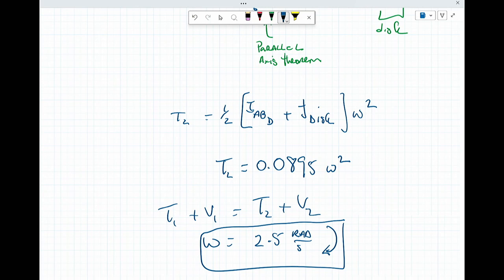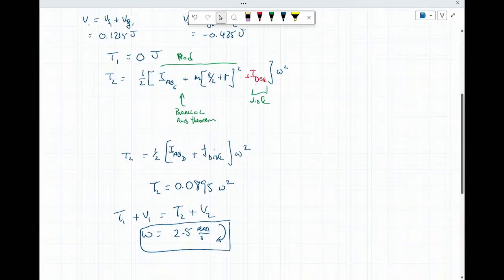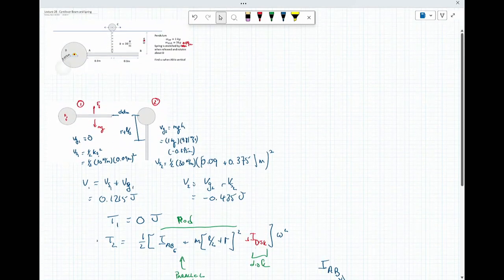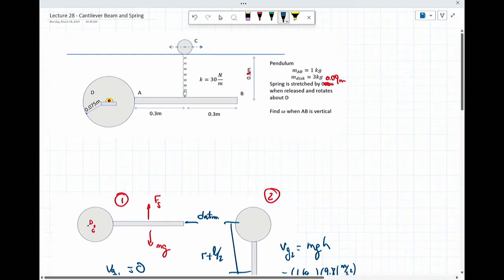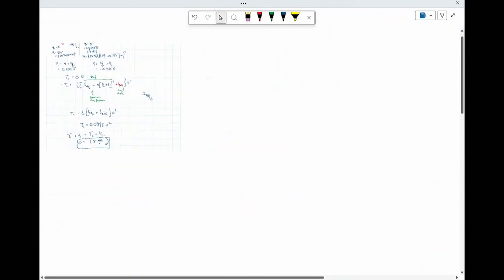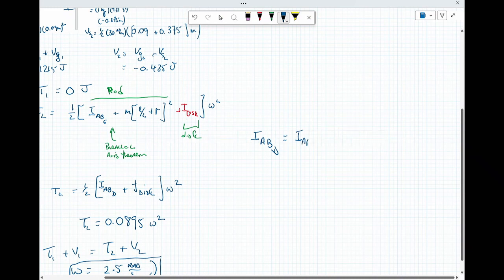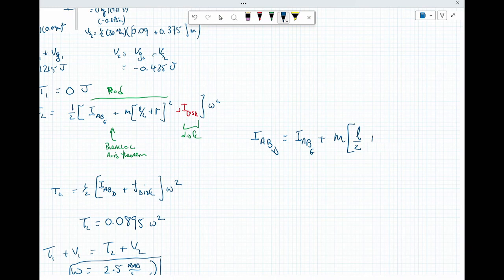Go ahead. Can you explain how the second T2 equation is the same as the first one? Yeah, these two right here. So all I did here was use the parallel axis theorem. So IAB about D, D is right here, the center of the disk, is equal to IABG plus M times L over 2 plus R squared.